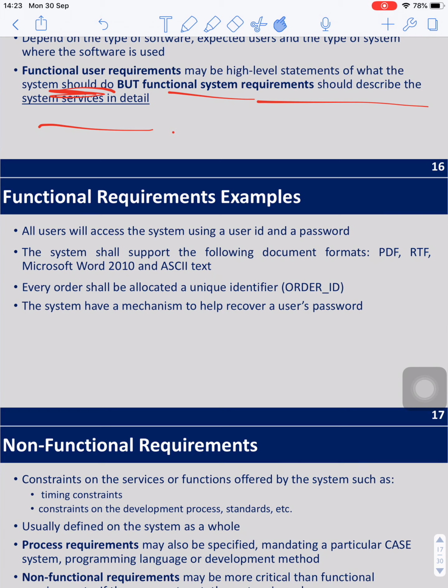And then we come to the functional requirement examples. Let's say that all users need to use the user ID and password, and we shall support the following documents: PDF, Microsoft, and shall support the following formats. Sorry, I really made a mistake.